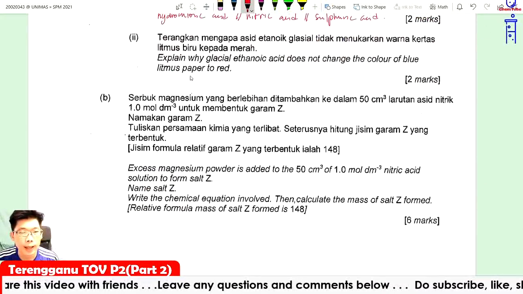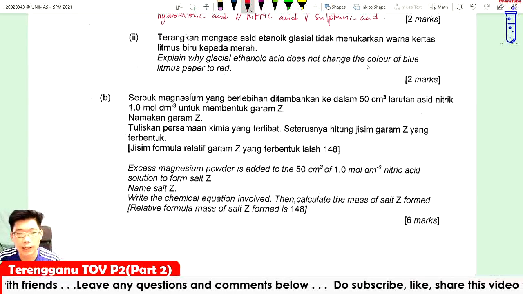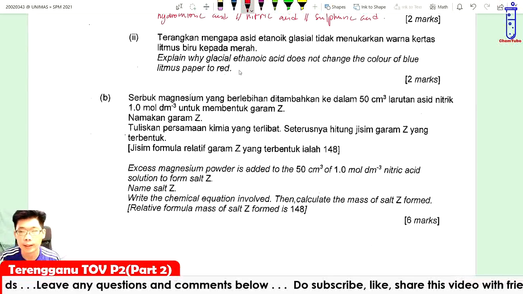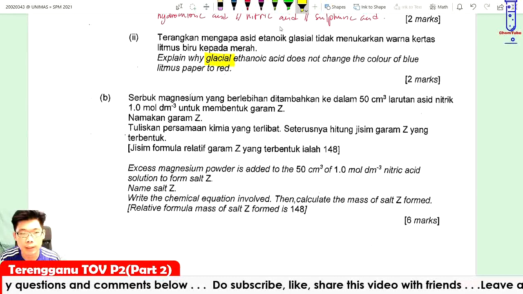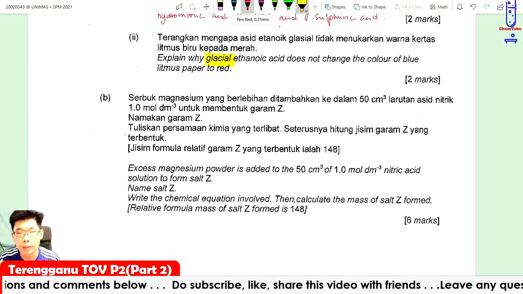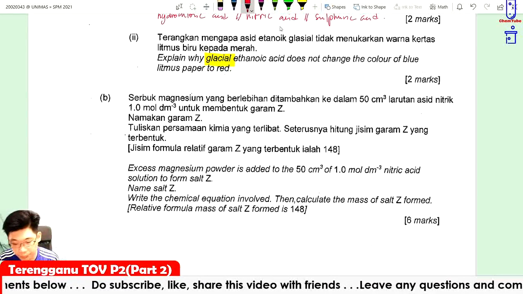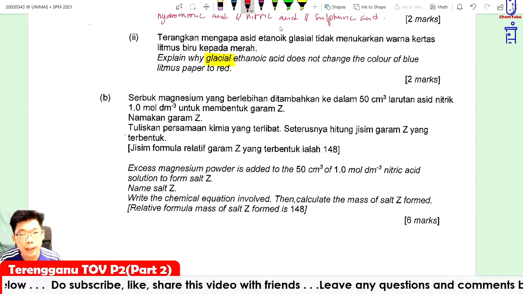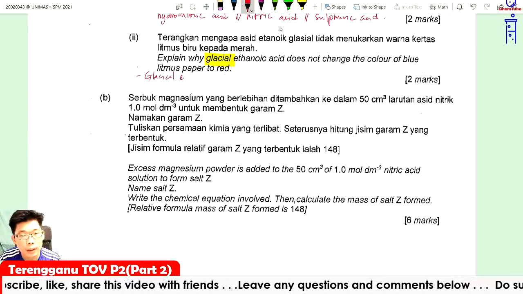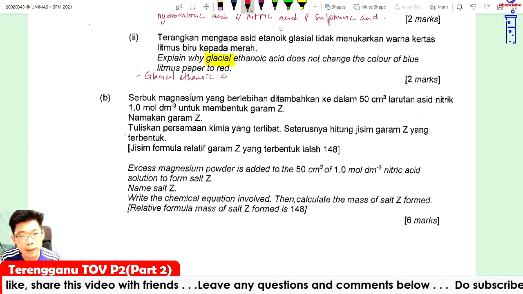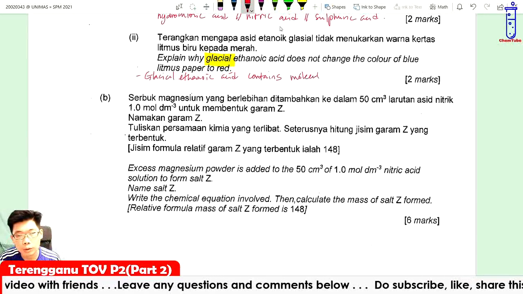now next, explain why the glacial ethanoic acid does not change the color of the blue litmus paper to red. Okay, so you just need to remember, if you see the word glacial means it is dry, or pure, means no water inside. No water inside. So here glacial ethanoic acid contains molecules only.